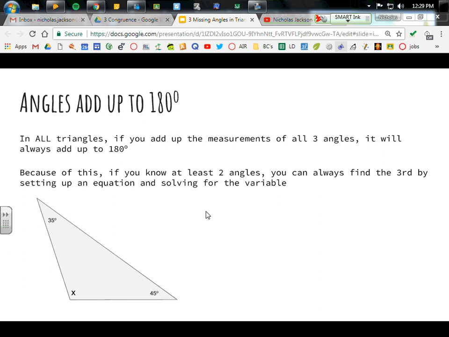So first start with what we know. We know we have an angle that is 35 degrees. We know we have an angle that is 45 degrees. We know we have an angle that is marked as x. And we know that when we add all three of those angles, we're going to get 180.